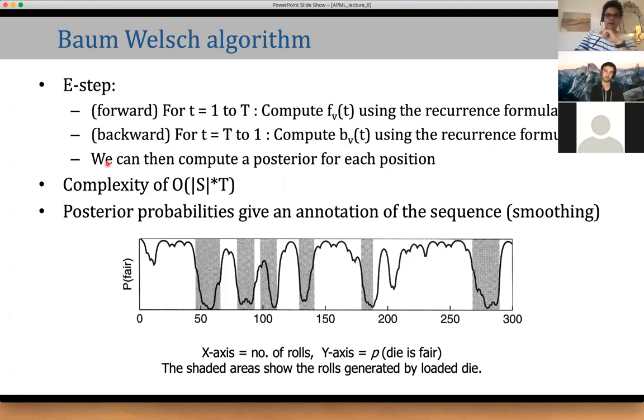At each position, we multiply forward by backward and compute a posterior. The complexity is again the number of states times the length of the sequence. And so we can run EM, using the maximization to update the parameters, and that works quite fine.